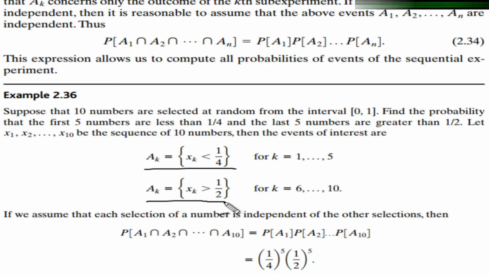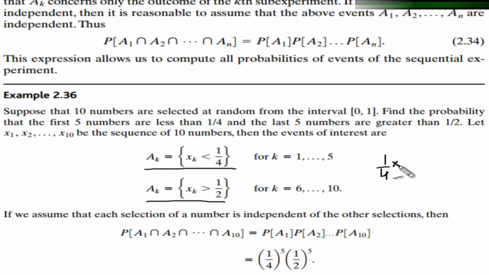This is the second condition, and as there are infinite numbers from 0 to 1 by 4, and similarly from 1 by 2 to 1, there are basically infinite numbers, and you have to pick only 10 numbers. So how would you do it? First, you have to pick all the numbers which are less than 1 by 4. So what is the probability of getting any number from 0 to 1 by 4? That would be 1 by 4. Initially you have got 1 by 4, then how many numbers are left?